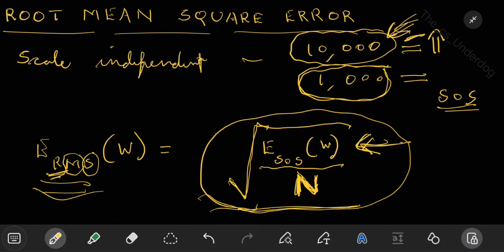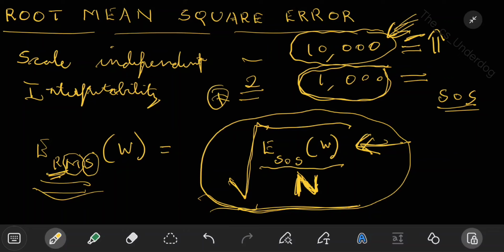Next thing is interpretability. Why does this offer better interpretability? The reason is, in the sum of squares error, you are squaring the terms and then taking the sum.